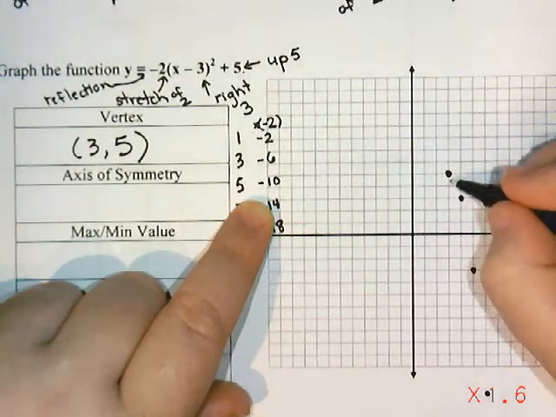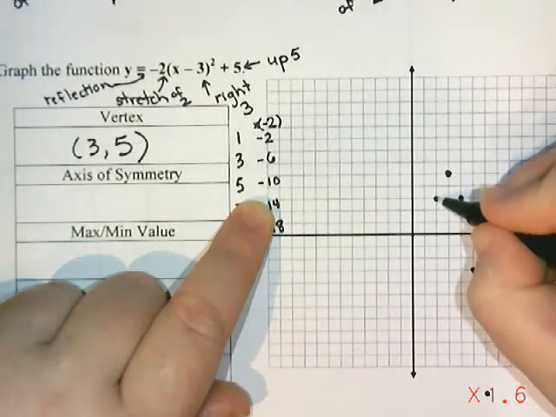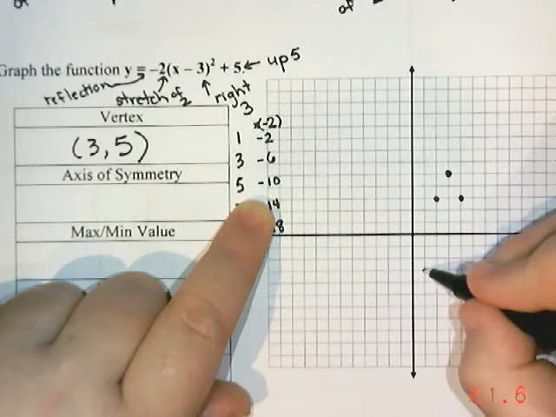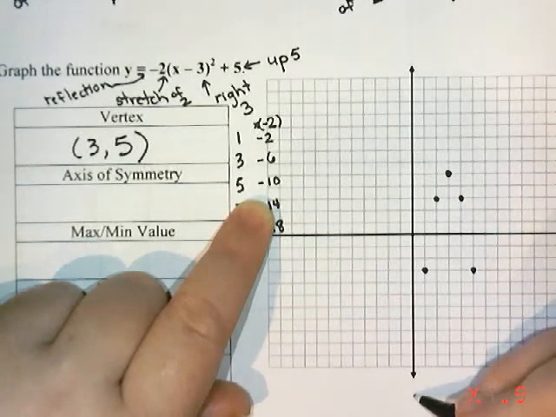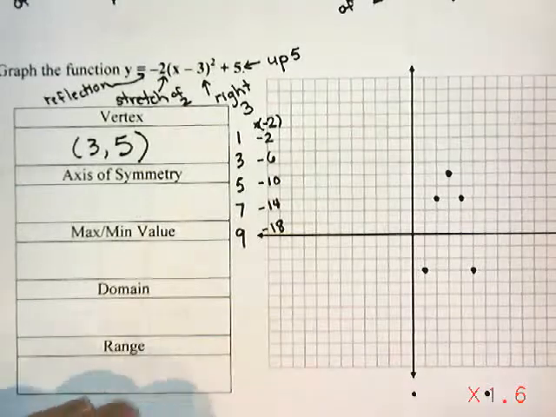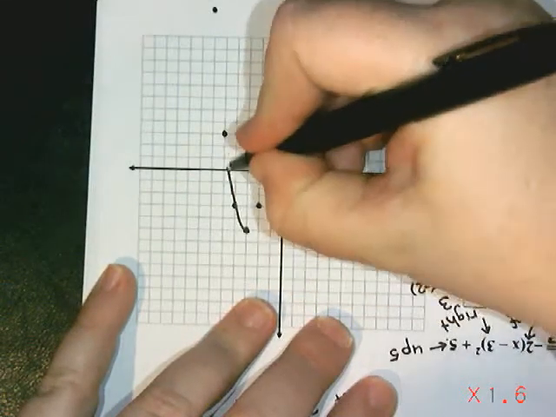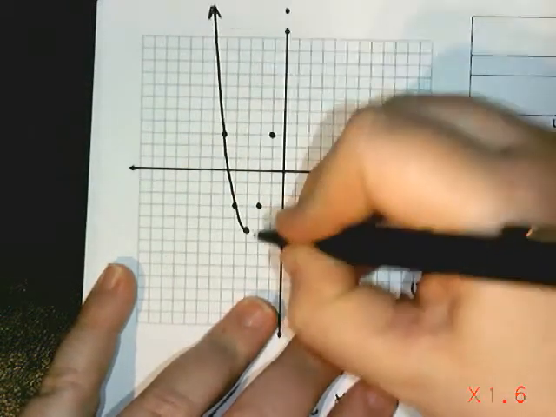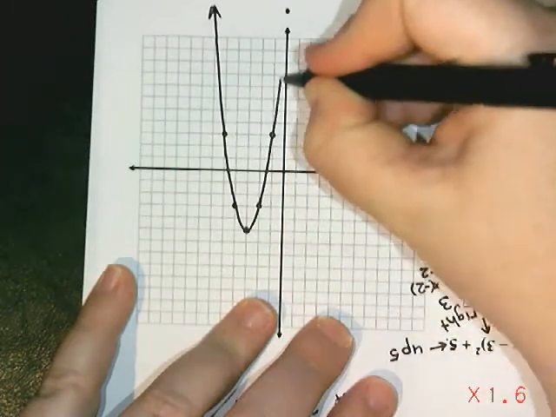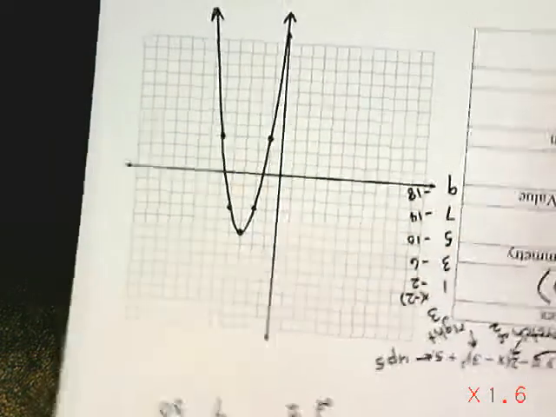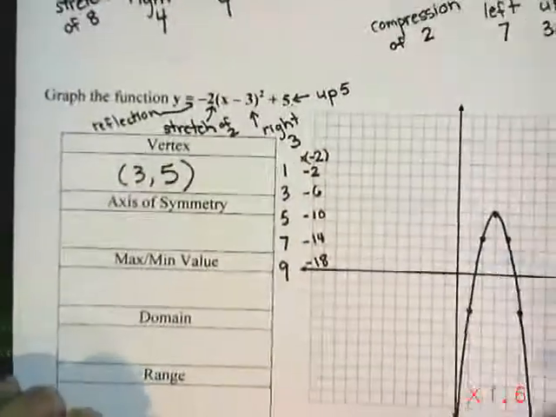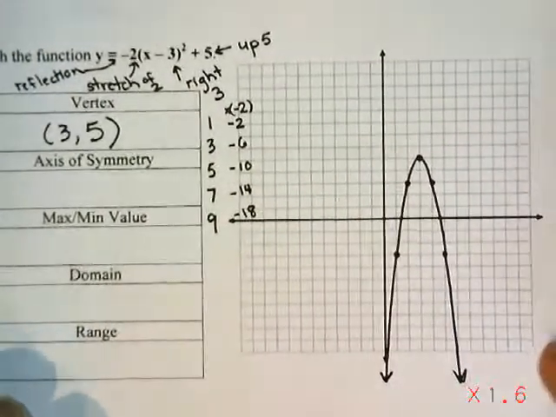And then we do the same thing on the other side, over 1 and down 2, over 1 and down 6, and then over 1 and down 10. And then all we need to do is connect up our points. I'm better at drawing parabolas if I do this the other way. Make sure you draw it all the way to the end of the grid and put arrows on the end. Try to make sure it looks at least like a curve and not just a pointy line.